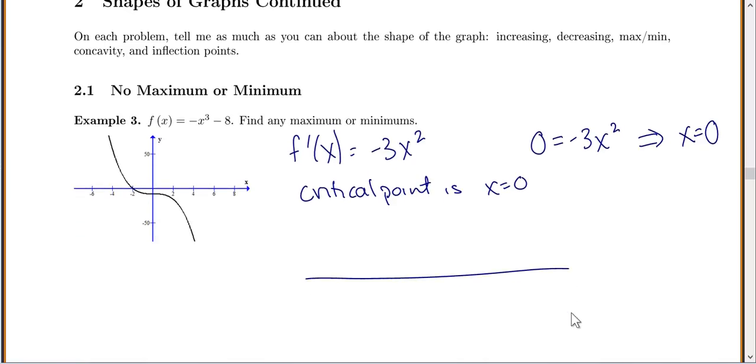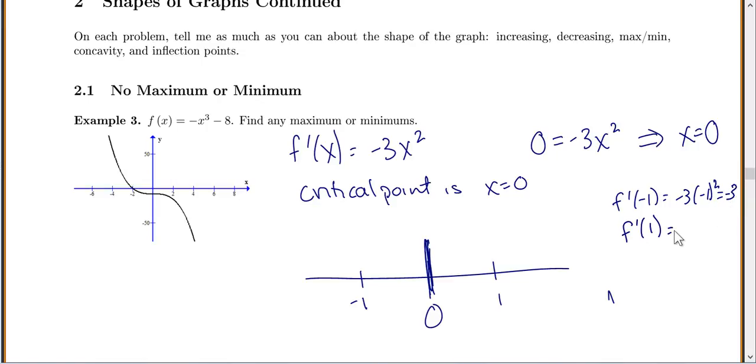Then I draw my number line. Here's my 0. I try and plug in some points on either side, so negative 1 and positive 1. f prime at negative 1 would be negative 3 times negative 1 squared, or negative 3. And f prime of positive 1 is negative 3 times 1 squared, which is negative 3.